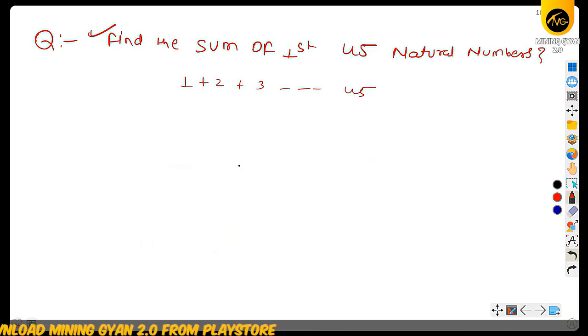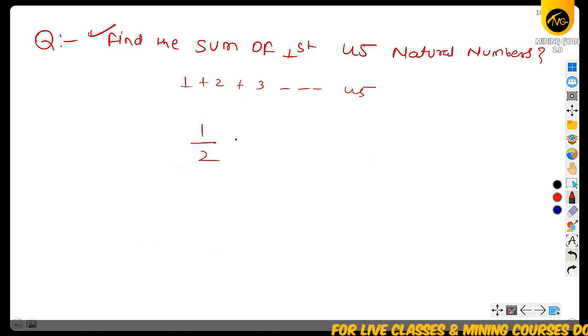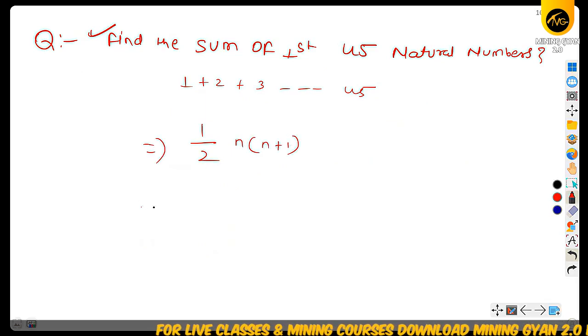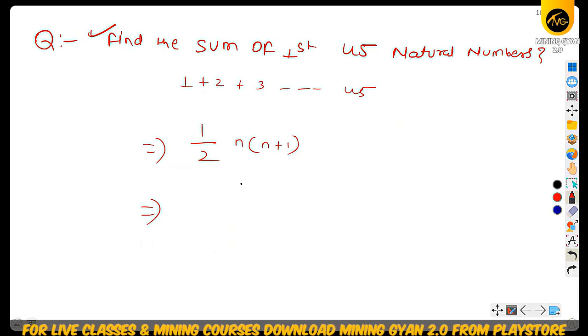So if the question tells us to find the sum of the first 45 numbers, that means 1 to 45. Just use the formula 1 divided by 2 n into n plus 1, and you get the answer for this series of natural numbers. Correct? You can say that n is 45 and n plus 1 is 46.